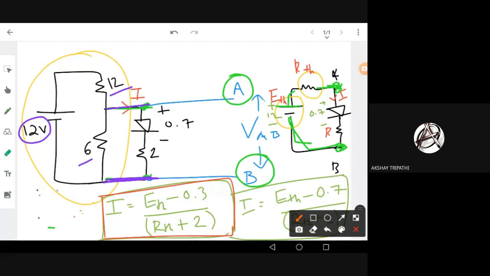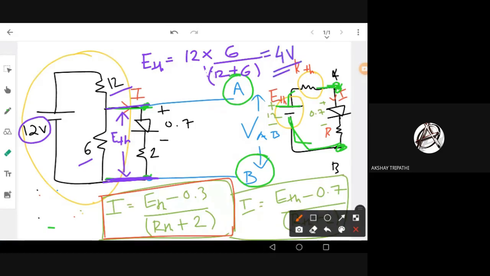So ETH is 12 into 6 divided by 12 plus 6. 12 plus 6 is 18, 2 by 3 into 6, 12 by 3, equal to 4 volt, right? So the Thevenin voltage is 4 volt.